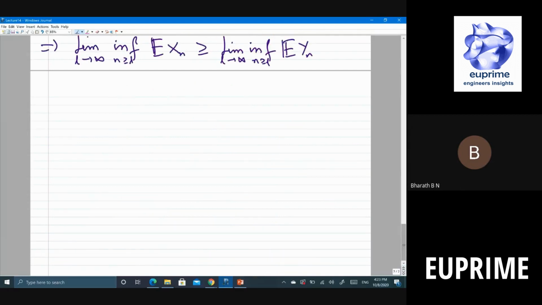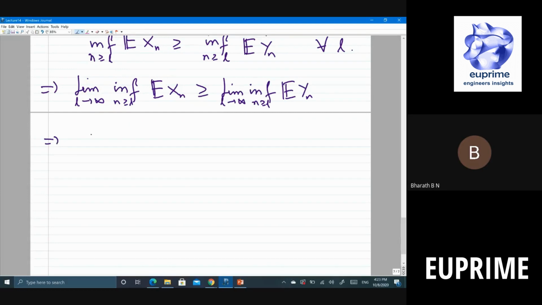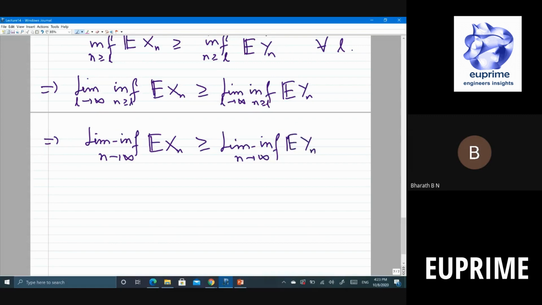So what is this? This is nothing but the lim-inf, n tending to infinity, of the expected value of xn. This is also a lim-inf, n tending to infinity, of the expected value of yn. But the expected value of yn is increasing, right? If you take the lim-inf of an increasing function, you get the limit.